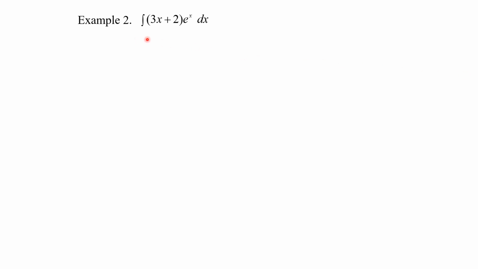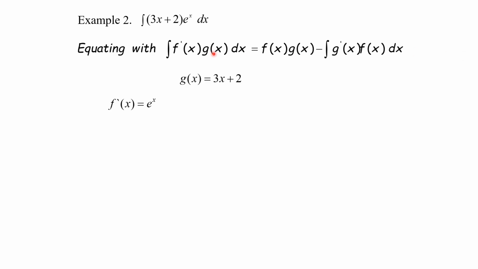We will look at the next example, which shows integration of a function which is a product of two different functions: 3x plus 2 and e to the power of x dx. Our first task here will be to identify our f prime x and also g x based on this function.